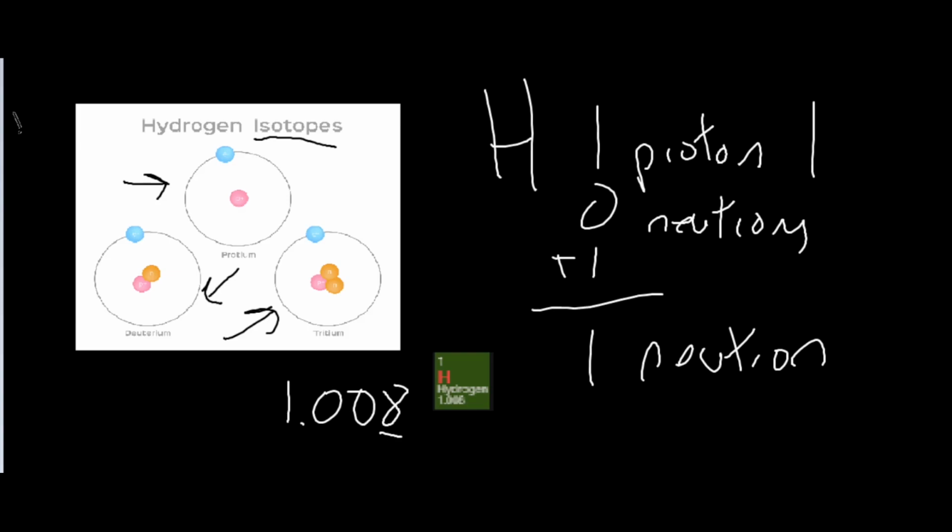Because deuterium has 2 things in the nucleus, it's going to have a molar mass of 2. So that's where we see isotopes having an effect on your molar mass a little bit. If you have an amount of hydrogen, there's a chance that some of it will have a neutron in it, and that's something you need to consider when doing chemistry. So yeah, that's what an isotope is.